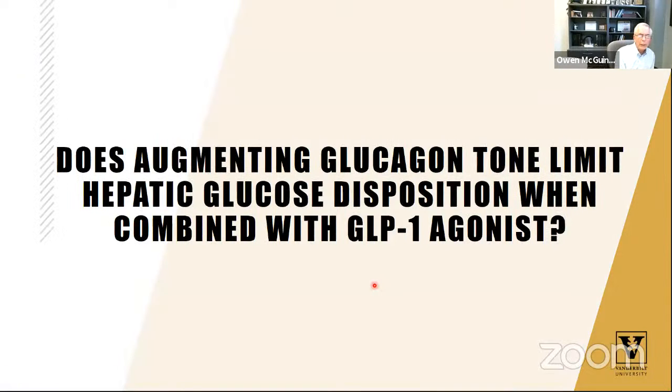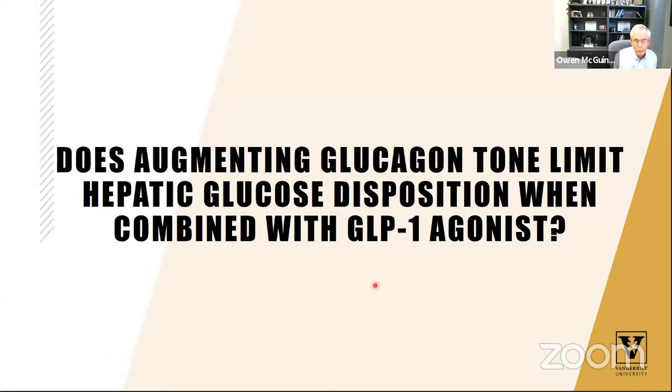So the approach we were thinking about was, we have these drugs, they've been on the board, and we've got pretty decent clinical trial data that says if we give GLP-1 with a little bit of glucagon, glucose control is better. Insulin action seems to be a little bit better, but really, if glucagon is working really well, wouldn't it impair glucose disposal by the liver?